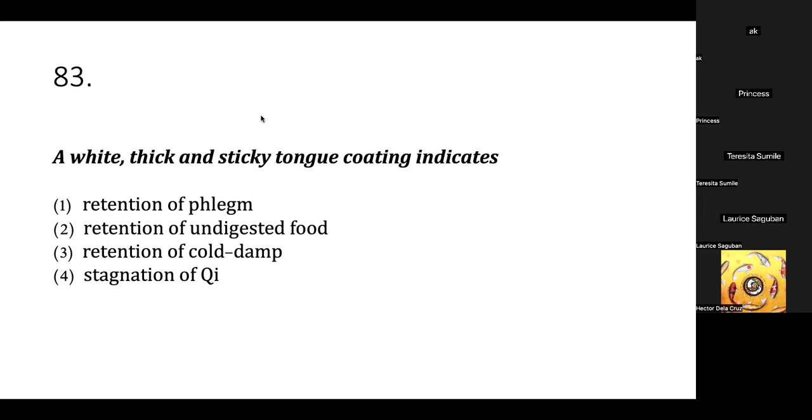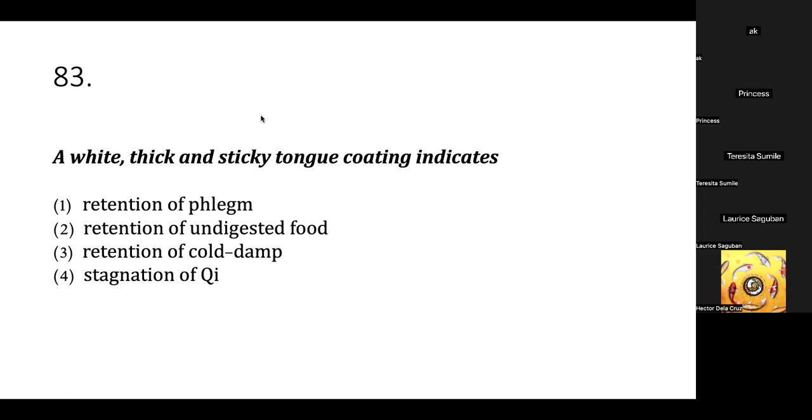Ano ba ibig sabihin? Hula lang. Bawal ang hula. Seryo kasi hinula ko lang. Sir, kapag kasi undigested yung food, na-affect yung stomach.